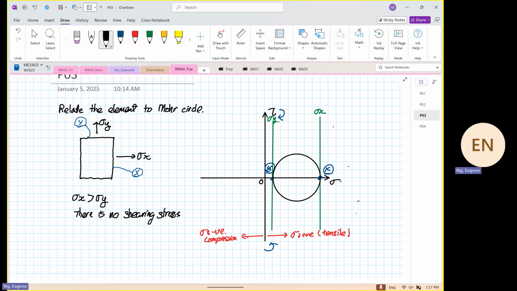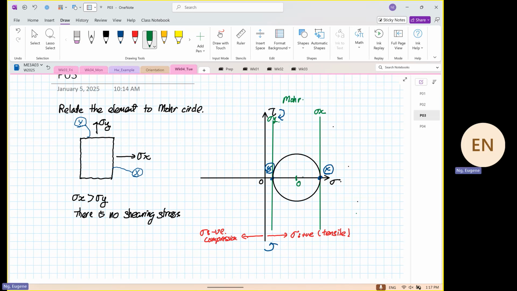Now I want you to observe this. Give me 2 more minutes. At the center over here, I'm going to draw a point O. Now, from point X to point Y on Mohr circle, how many degrees is it relative to the center of the circle?